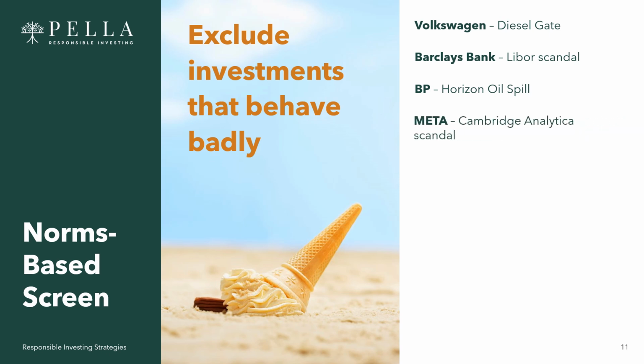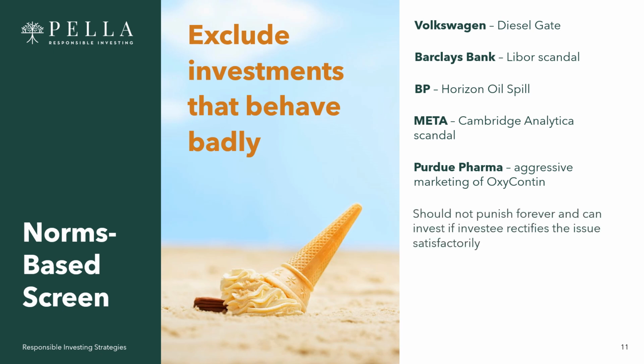We also have the Cambridge Analytica scandal, where Meta, formerly known as Facebook, used user data without proper consent. And lastly, Purdue Pharma's role in the opioid crisis, where their aggressive marketing of OxyContin contributed to widespread public health issues.